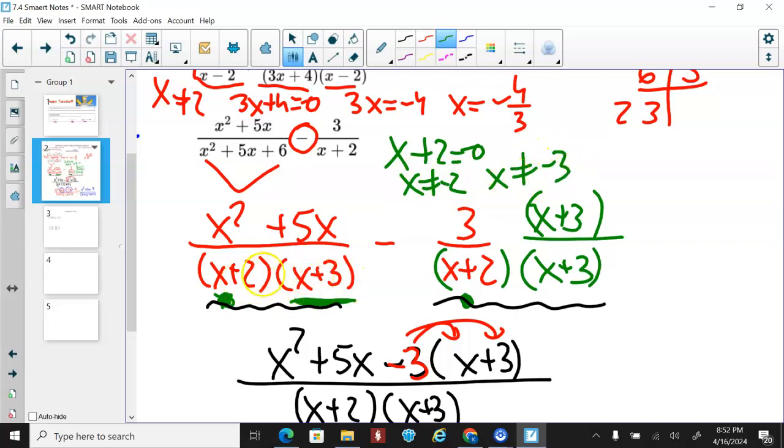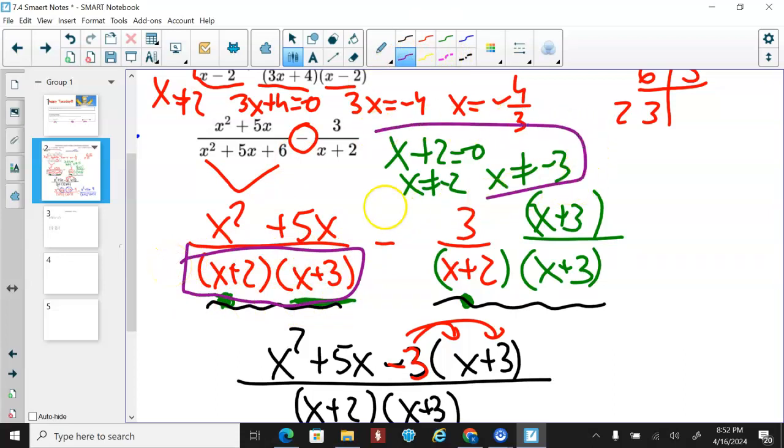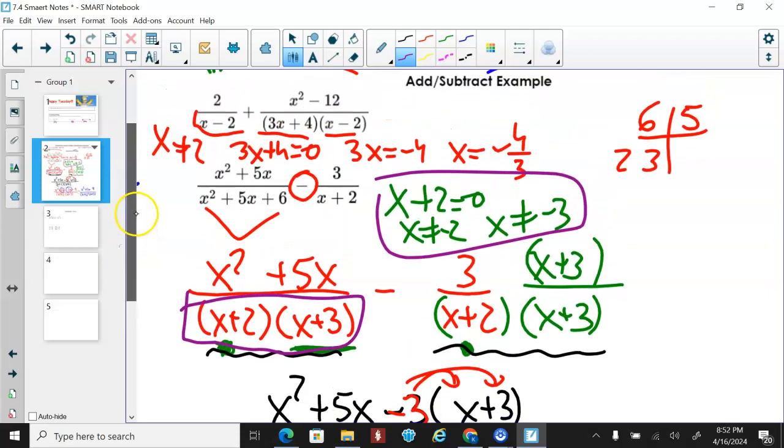These are two of the factors that we set equal to 0 right here on the bottom, that will make this function undefined, okay? Because if I have negative 2 here plus 2, that will give me 0. If I have negative 3 plus 3, that will give me 0, okay?